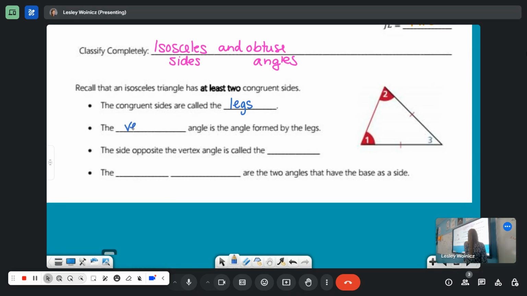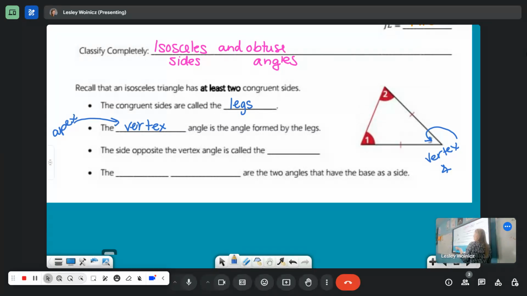The vertex angle is the angle formed by the legs. So that would be this one. I think I might have seen it in other textbooks and sources where it might be called the apex angle, which I kind of prefer to vertex angle because really aren't they all vertices?